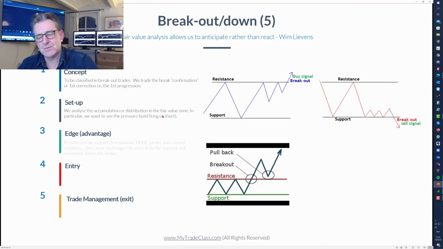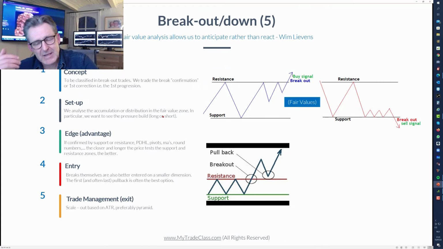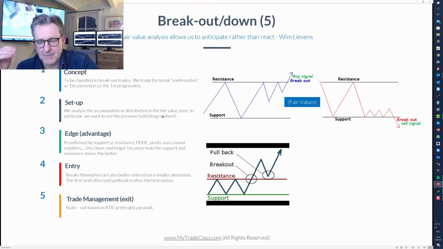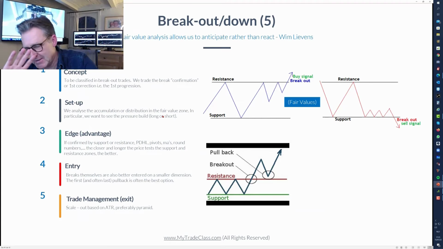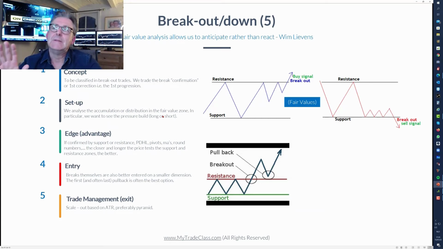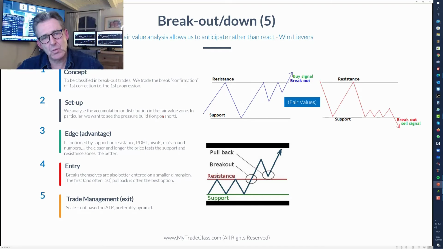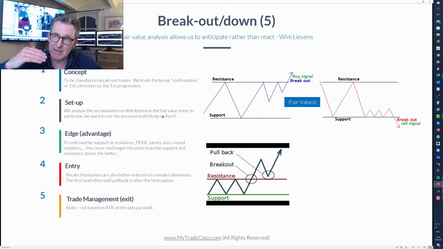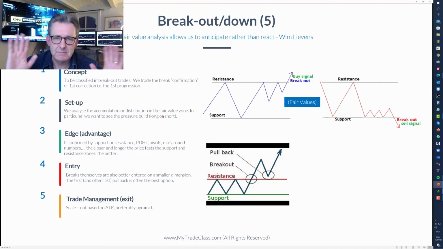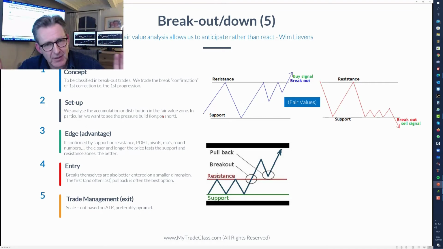Same with breakouts. Many people try to trade breakouts, and trading breakouts is a great strategy with lots of potential, but many people struggle with it. Why? Because people do not know where to enter. They see the area, they think they see, and very often they're right, where the market could go.